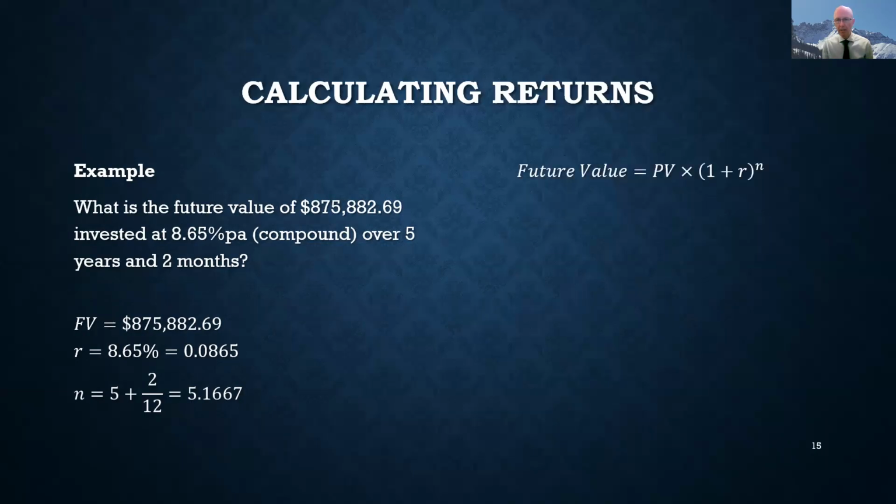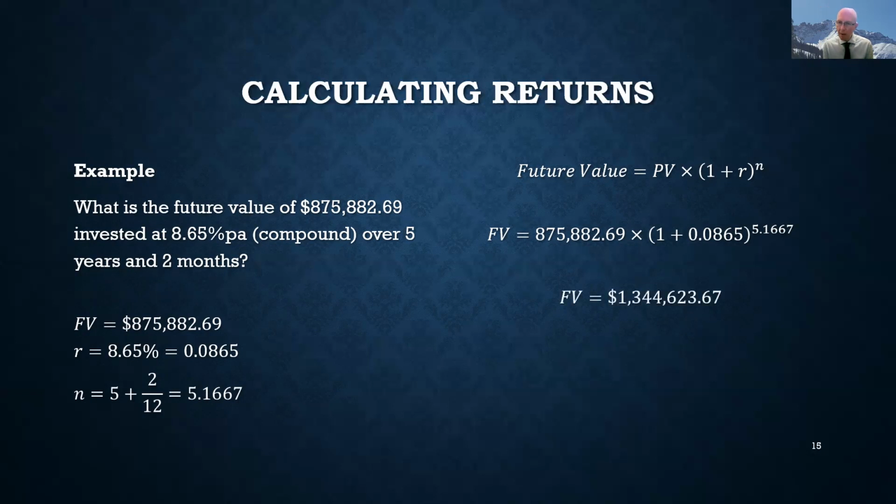We write out the equation. Future value equals the present value times 1 plus R raised to the power of N. We substitute in the variables: 875,882.69 times 1 plus 0.0865 raised to the power of 5.1667.